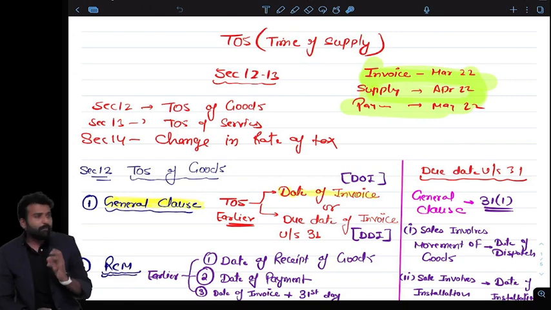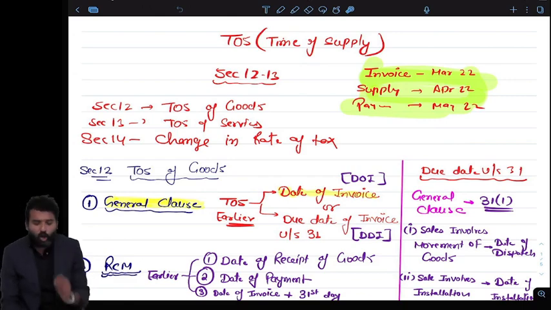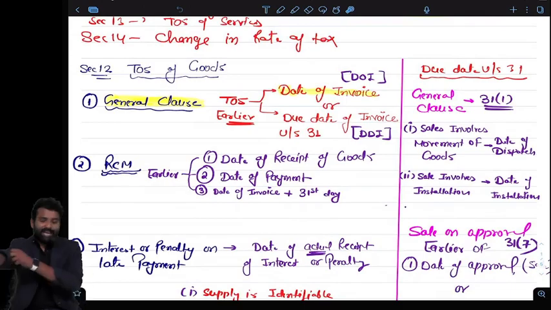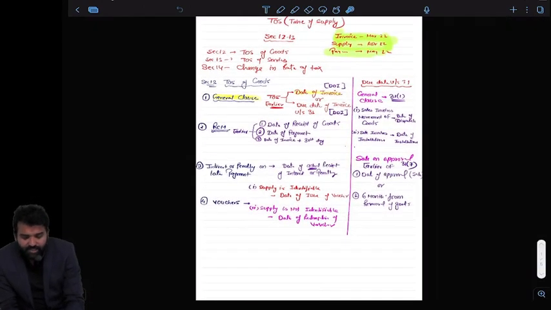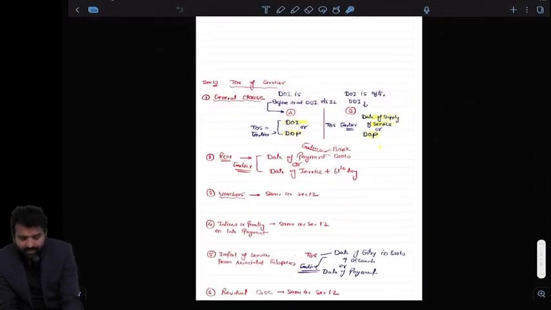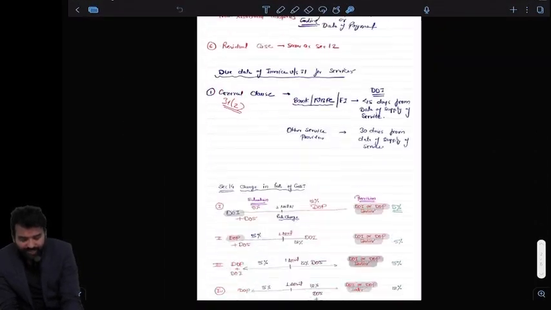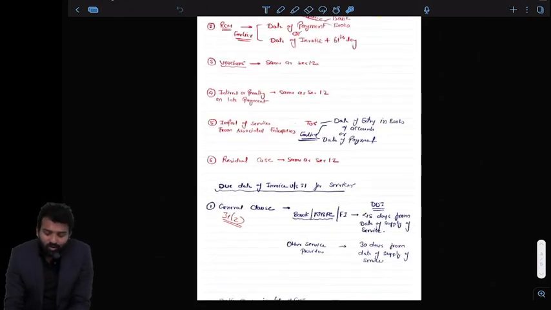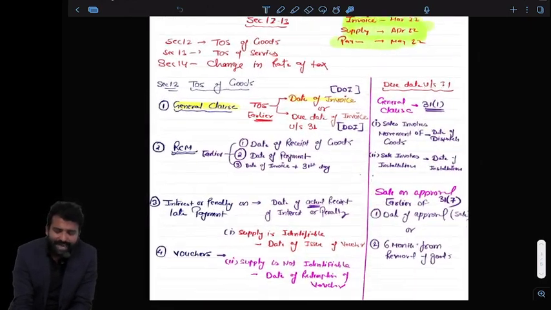It's a summary chart that will help you a lot in revising this topic. Complete section 12 will be covered in one page, complete section 13 in one page, and complete section 14 in one page. So just 3 pages will cover the topic time of supply.